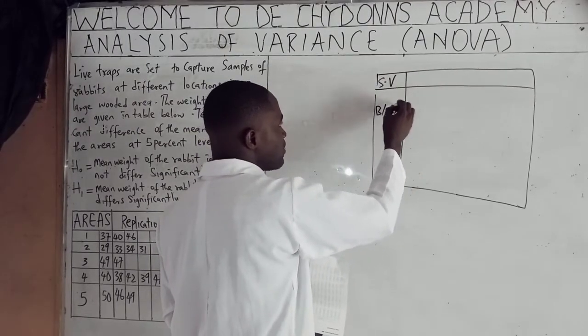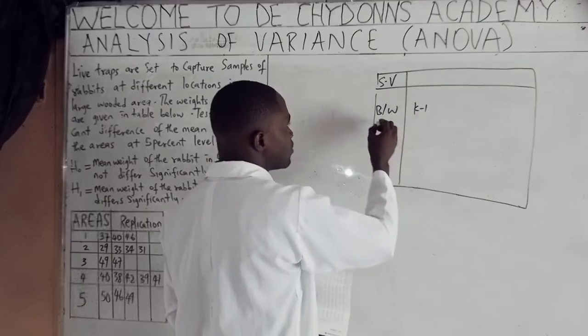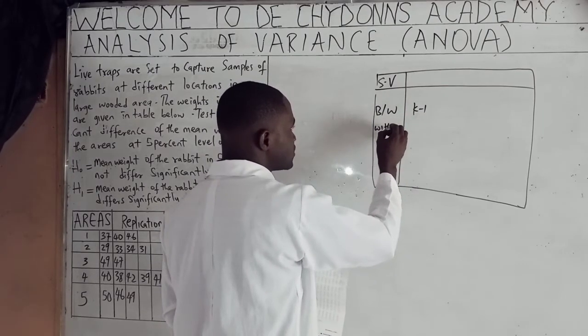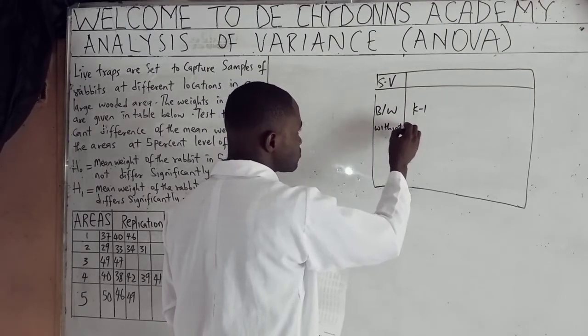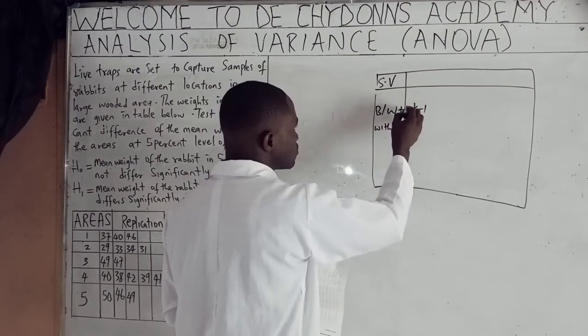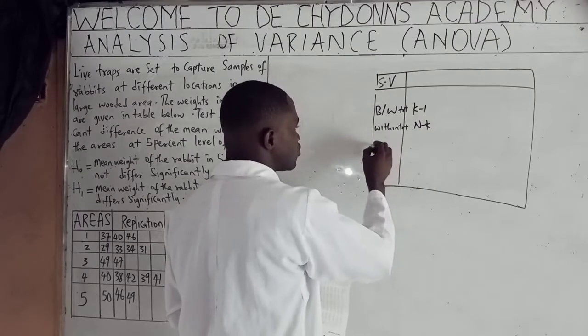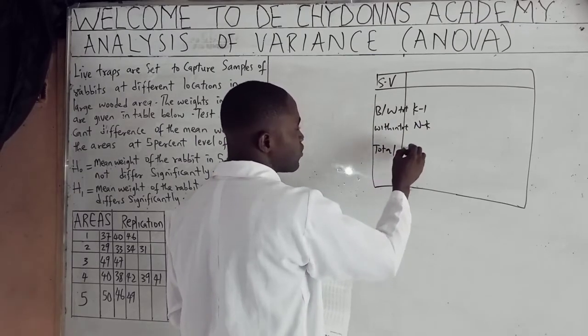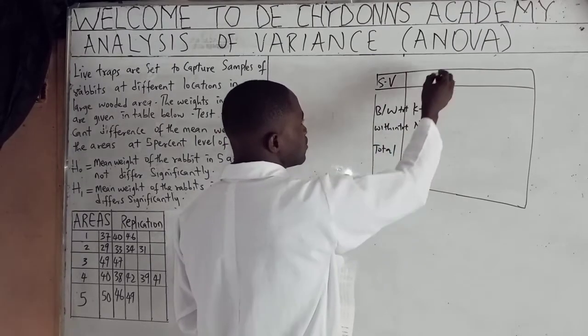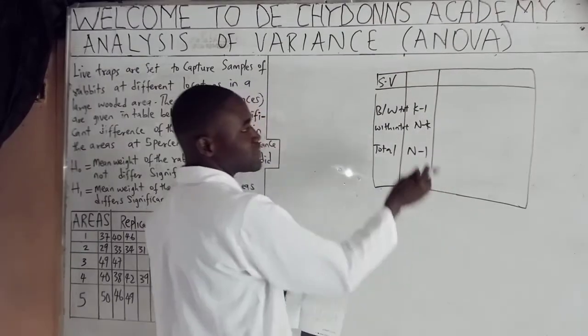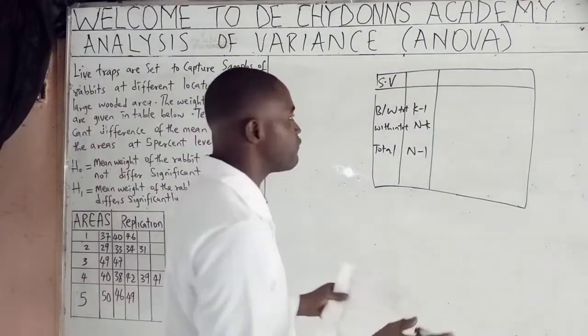Between treatment, we have K minus 1. Within treatment, we have N minus K. Then total, we have N minus 1. We sketched this in the previous video.